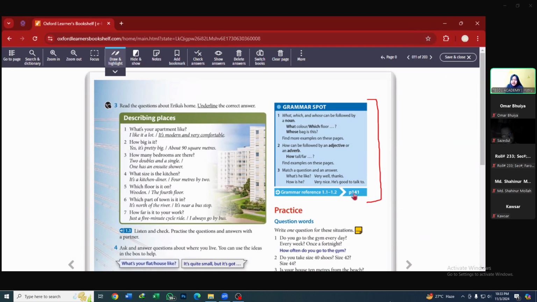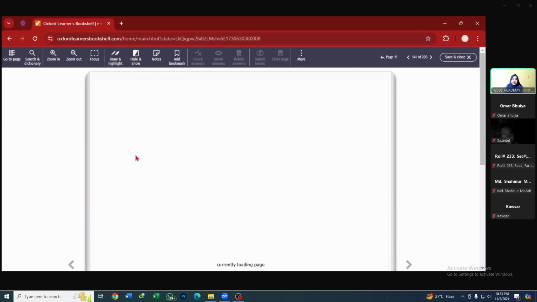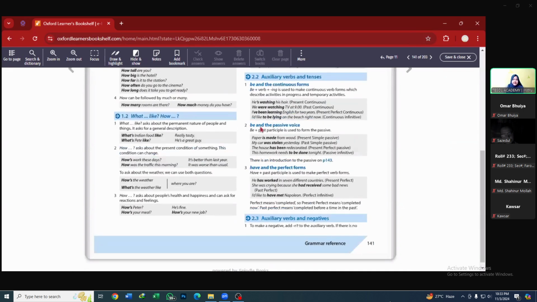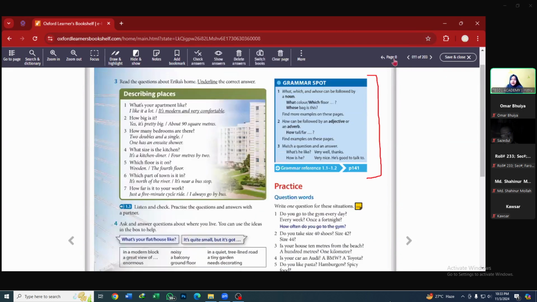I'll just give you a glimpse of it. We have to move to page 144 to get to know more about the grammar given here. Because you don't have the course material with you at the moment, we'll skip it for now. But when we do it in our actual classes, we will get into it, okay?